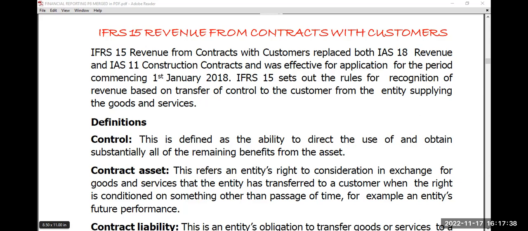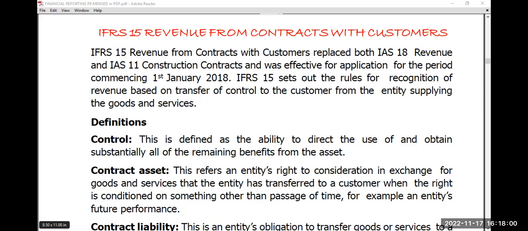As our learning outcome one, we are going to be looking at the terminologies that are used within IFRS 15. Secondly, we are going to look at the recognition, that is, how do we recognize that we are going to be having revenue?